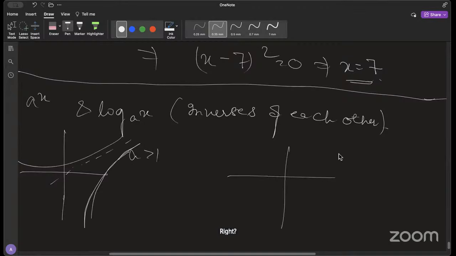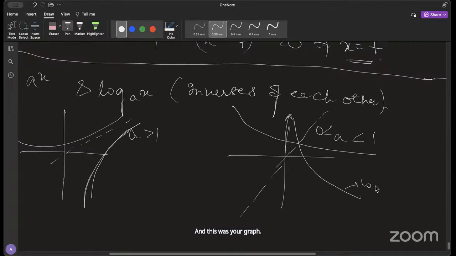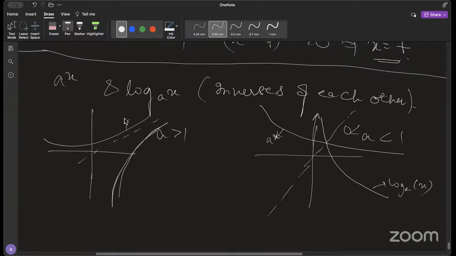And for a between 0 and 1, we had this thing. This is a very rough diagram. This is the y equals x line, this was your log graph, this is a to the power x, and this is log base a of x.